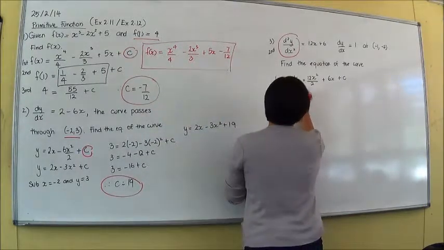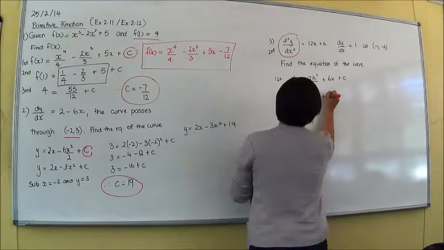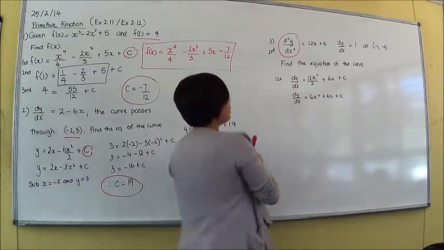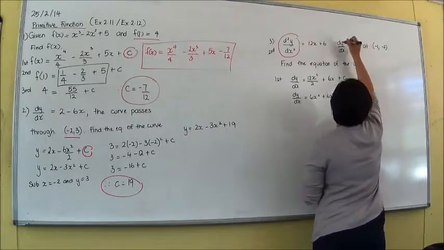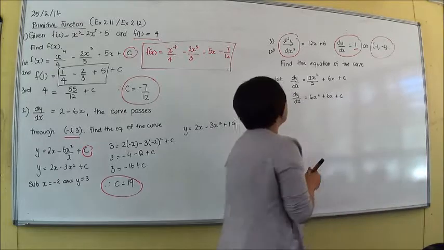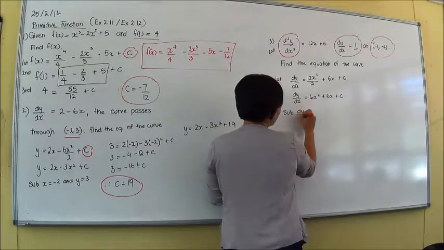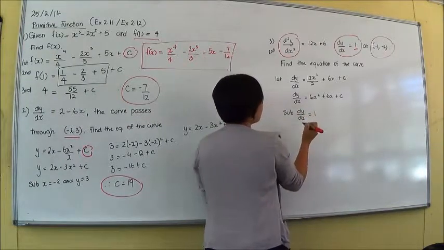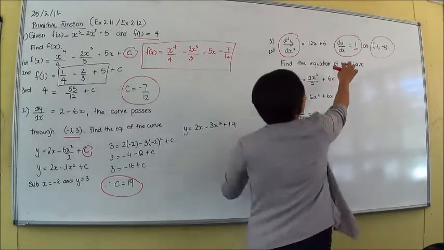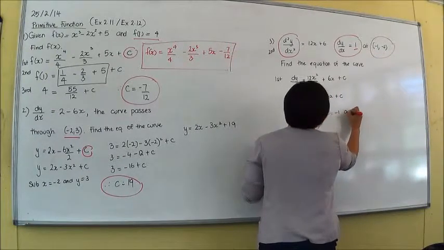So just fixing this up, dy dx equals 6x squared plus 6x plus c. We know that the first derivative equals 1 at x equals minus 1, y equals minus 2. So we substitute dy dx equals 1, x equals negative 1, and y equals negative 2.